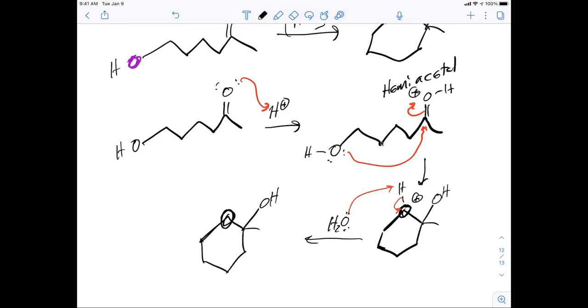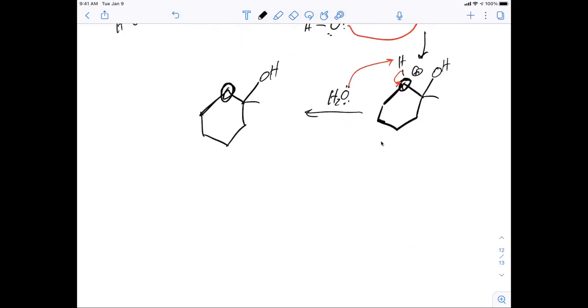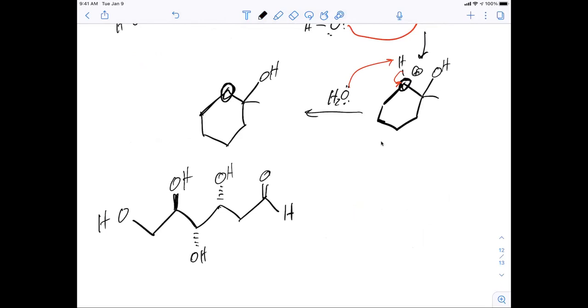Now, why this is important is that it is related to carbohydrates. So a carbohydrate is a sugar, right? So if we look at a carbohydrate, this is glucose. Right?